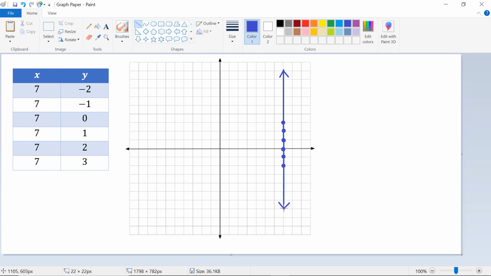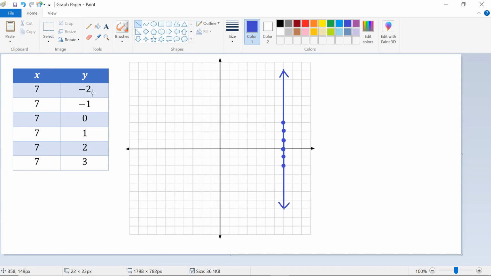So if we are graphing a line like x equals 7, we end up with a vertical line, and I think about it utilizing an amended version of the table method. A table method where I have to cleverly pick, in this case, my y values so that I don't mess up my x values.